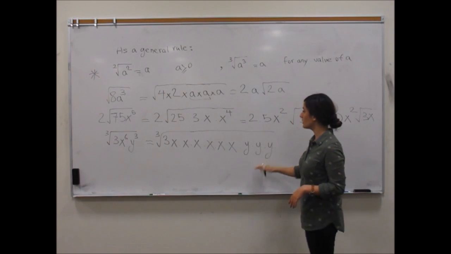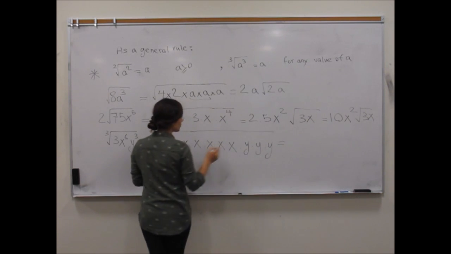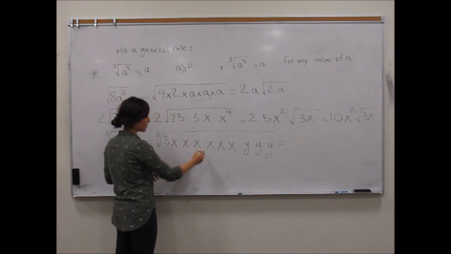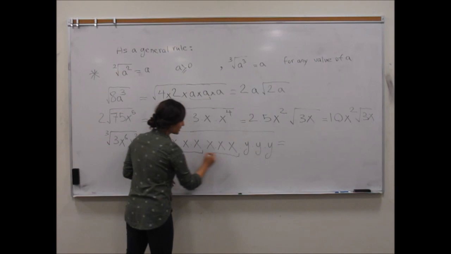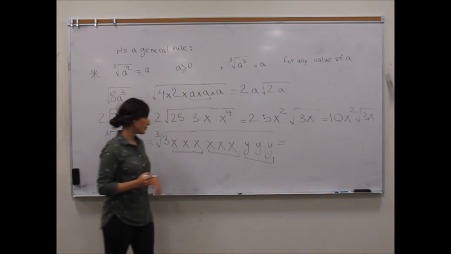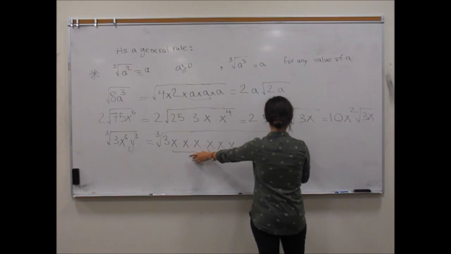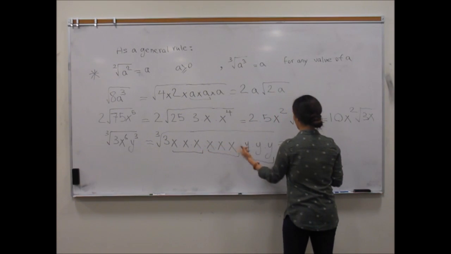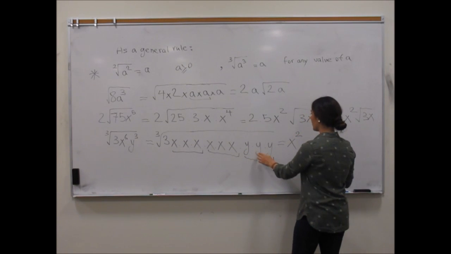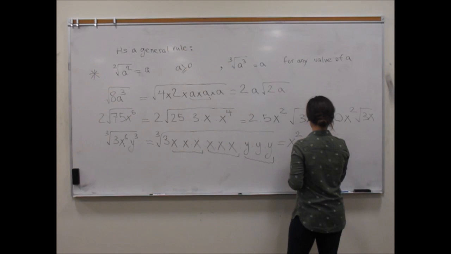Again, I'm just doing this to show you how you can simplify this. You don't have to write it like this every time. So for every 3 x's, 1 pops out of the radical, and for every 3 y's, 1 pops out of the radical. So for these 3, I have 1 x here. For these 3, I have another x. And for these three, I have just one y, and then cube root of 3.